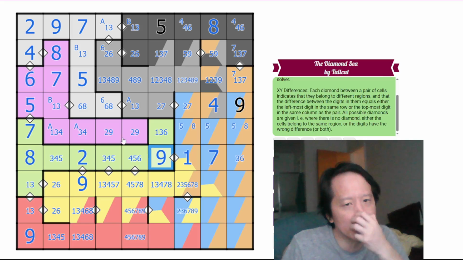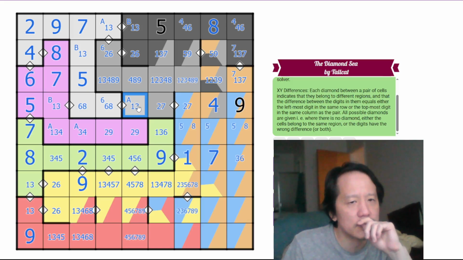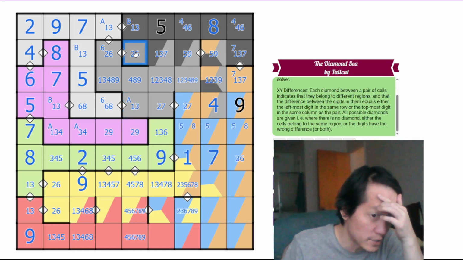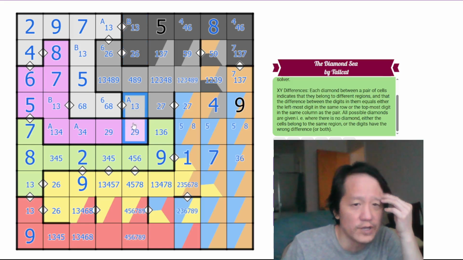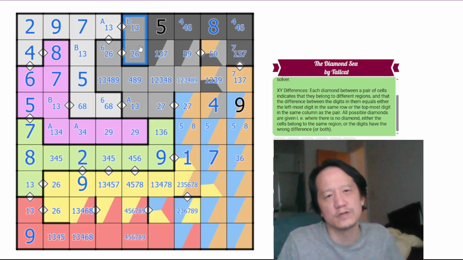And in fact, if this is 2, that forces this to be 6, which makes this 2, this 1, this 3, and that would be 1. So if this is 2, 6, so that difference of 3 is fine. If this is 2, this is 6 and 3, so this would not have a difference of 1 in that case. Okay, so that's fine.